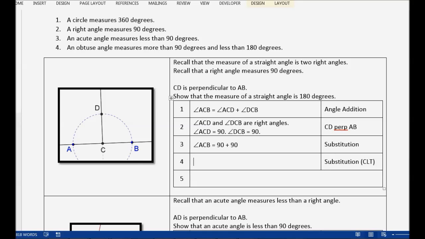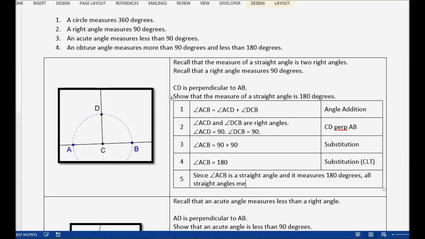Now we're going to combine like terms. Angle ACB is equal to 180. Since angle ACB is a straight angle, and it measures 180 degrees, all straight angles measure 180 degrees.